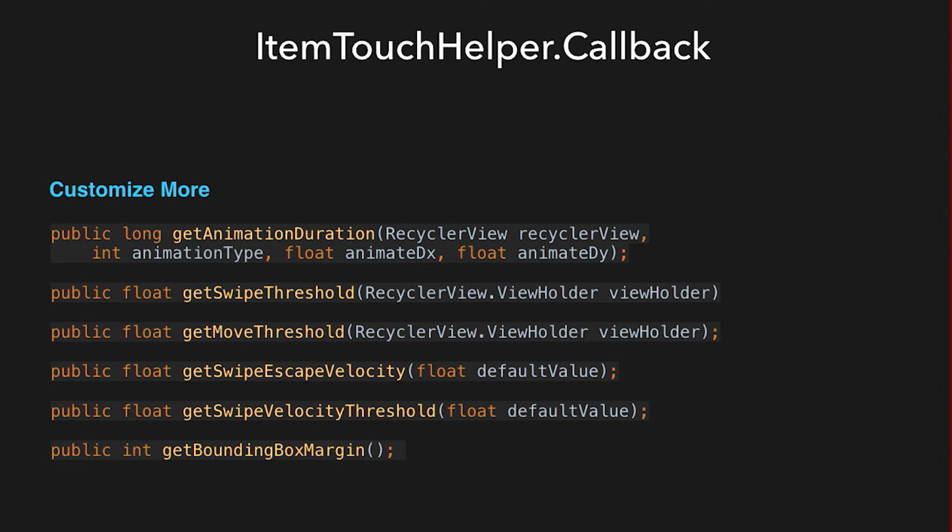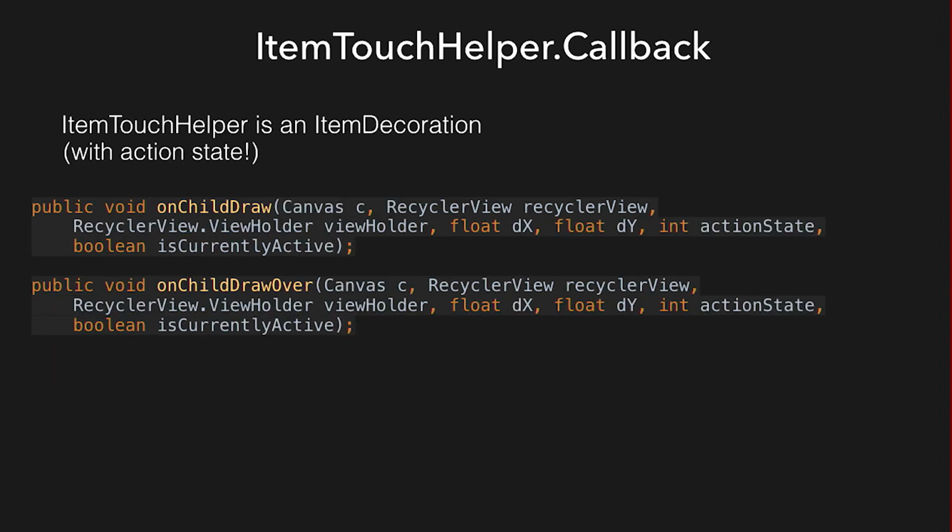So ItemTouchHelper is just an item decoration, and you can also override onChildDrawOver in the callback. But the nice part is, rather than just a normal item decoration, you get the action state. So you know if you're dragging or if you're swiping, and you can provide maybe a red state that the item is about to be deleted as it's being swiped.